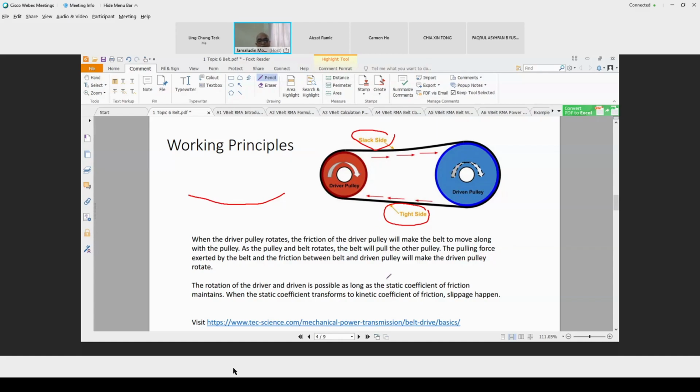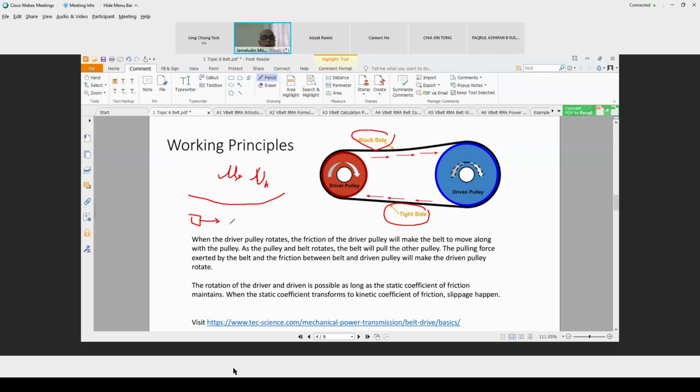Okay, remember there are two types of friction, your static and your kinematic. Your coefficient of kinematic friction. What's the difference? For example, let's say you have a block here. You try to pull this one, right?